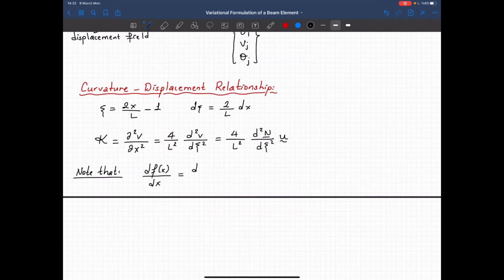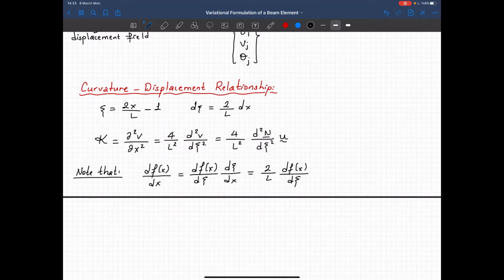I'm saying df(x) d psi multiplied by d psi over dx. We already know that that's equal to 2 over L. So I can just write it as 2 over L df of x divided by d psi.